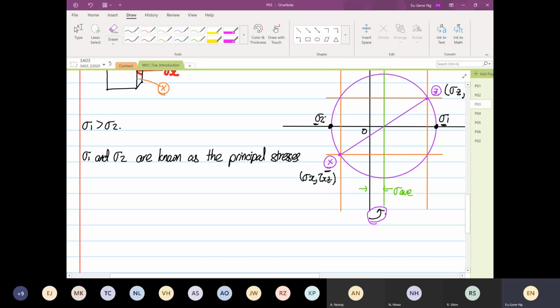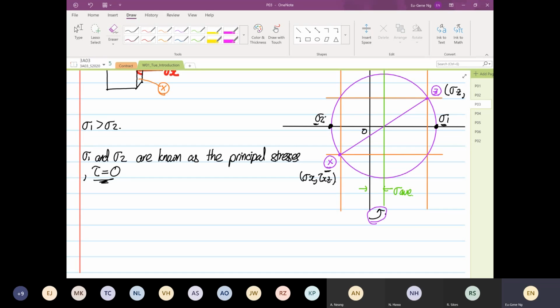Principal stresses means what? The shear is equal to what? 0. Now you have a shearing stress that is equal to 0.